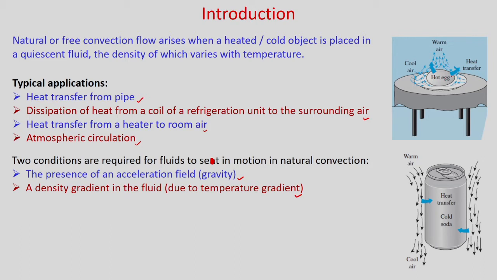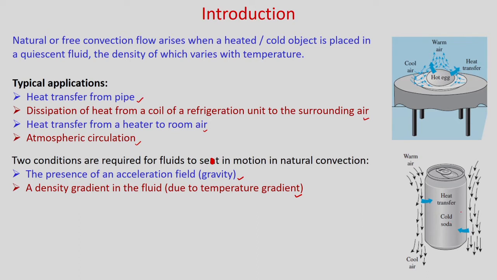So, the fluid coming into contact with the hot egg will have higher temperature and lower density, and it will go up. Okay. So, warm air will go up and cool air will come to the hot egg, again it will get heated and it will go up. So, in this way you can see that fluid motion starts.